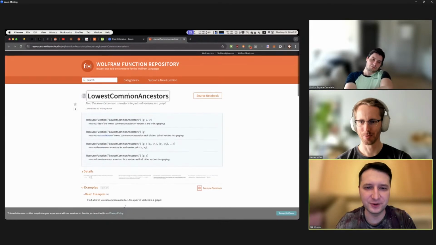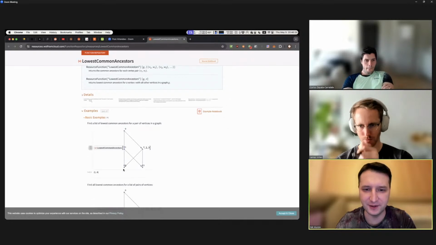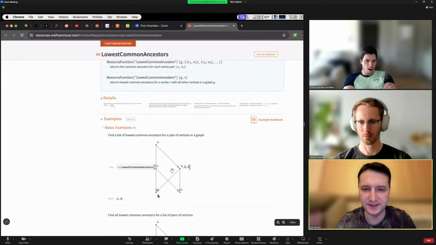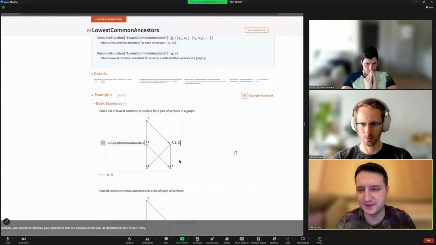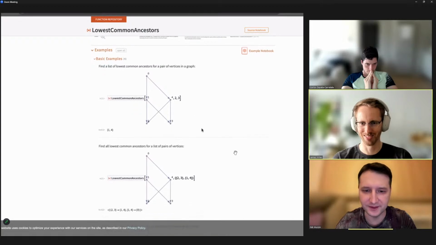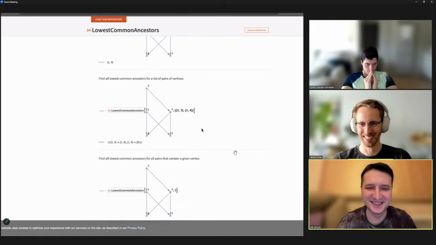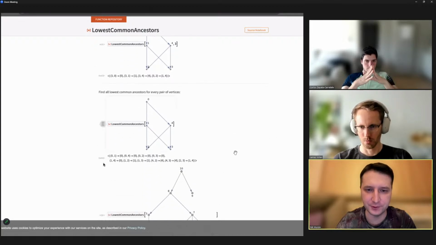I was just showing the definition for the lowest common ancestor function. This is the graph with vertices 2 and 3, and they have two common ancestors at the same distance. Okay, it makes more sense now. Yeah, sorry about that. So you can specify a different list of pairs or just a single vertex, and then you can enumerate all the pairs with this particular vertex, or just do it for all possible pairs on the graph.